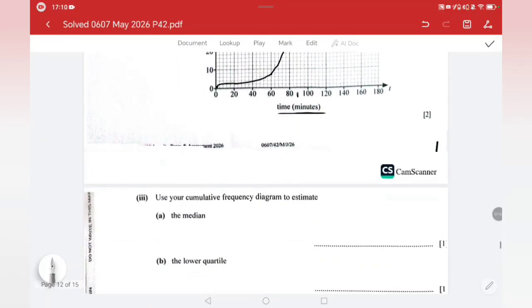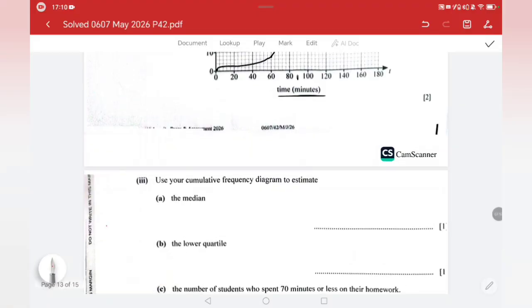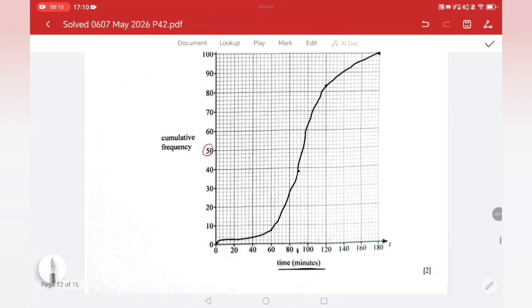Okay, next one. Use your cumulative frequency to find the median. We know that n is 100, right? So the median is, since n is 100 over 2, the median should be at the 50th. Where is 50? Here is this one, so the median should be here.